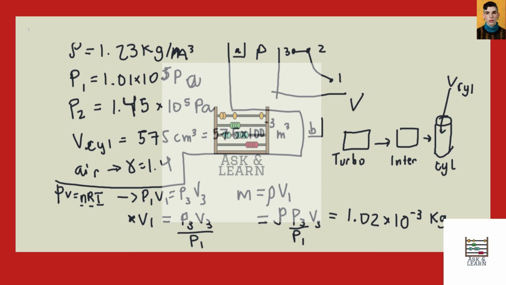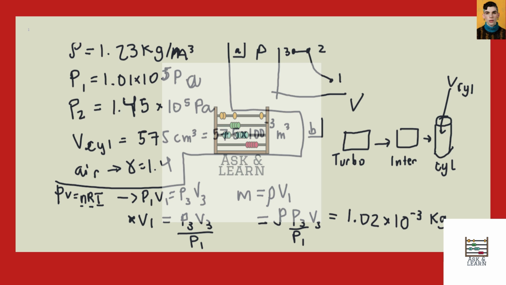Another way to think about this is that you can just figure out that the density is going to increase by P3 divided by P1 just based on this P1 V1 equals P3 V3. And I think thinking about that proportionality will be helpful for part C.